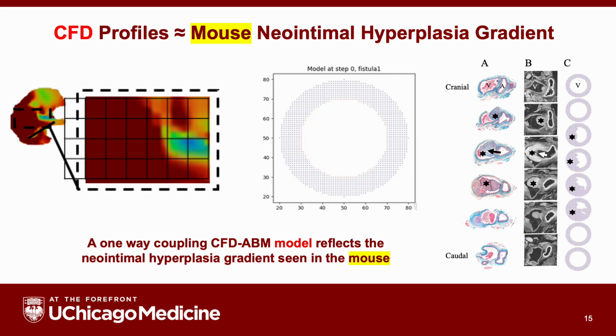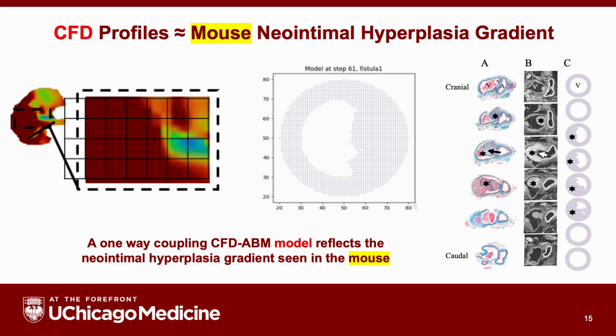So with the incorporation of the two probabilistic functions from the CFD profile of turbulence, we can model the growth and differentiation in our ABM model.